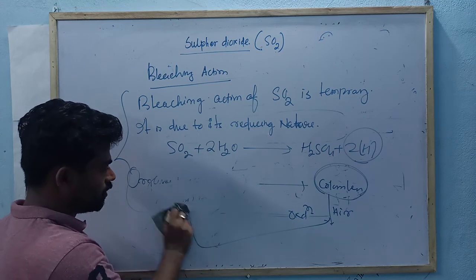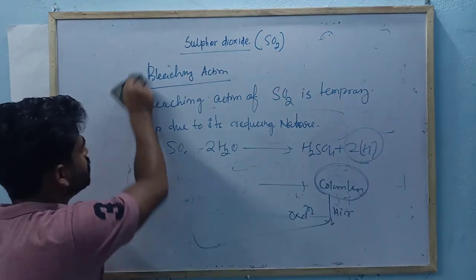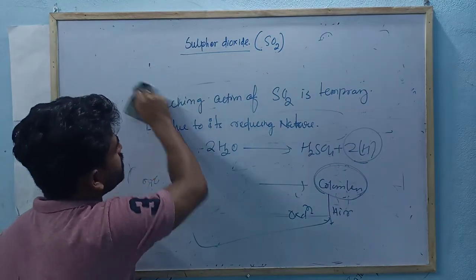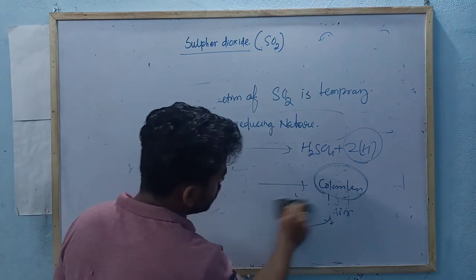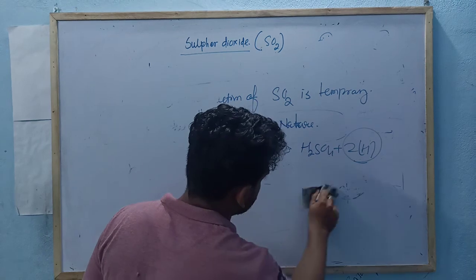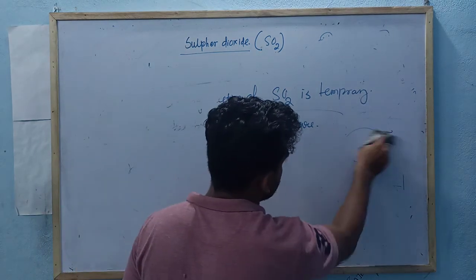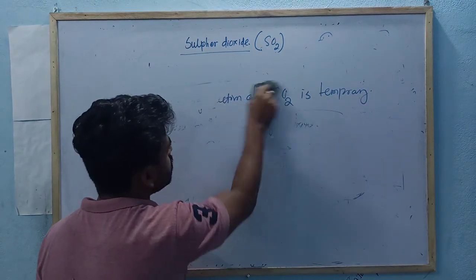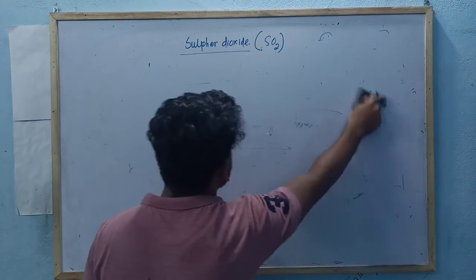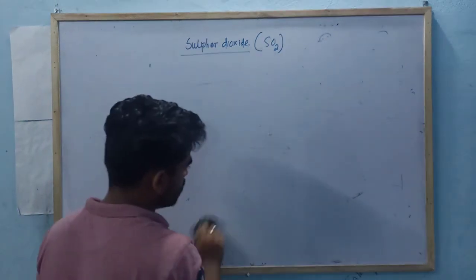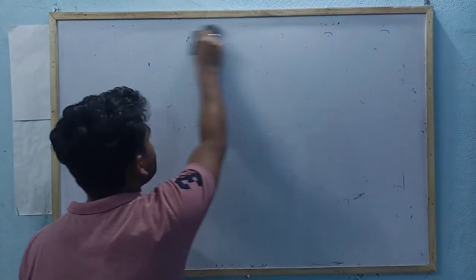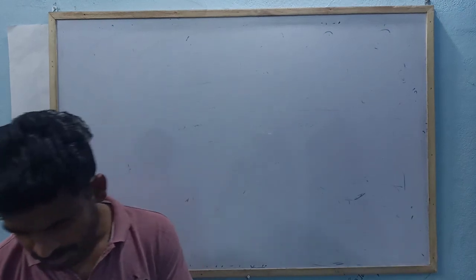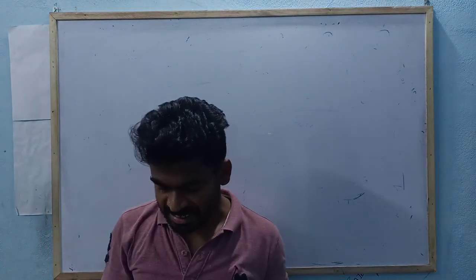Now let us discuss a few uses of sulfur dioxide. First of all, it is used as a bleaching agent.